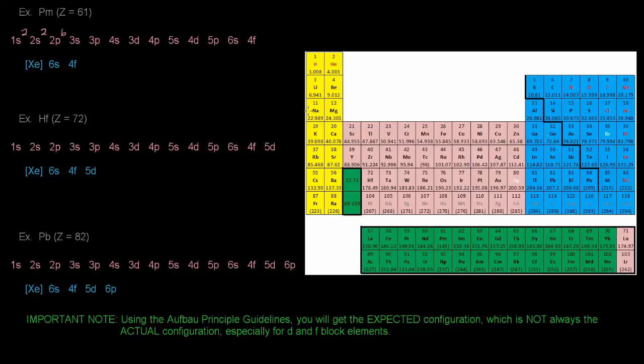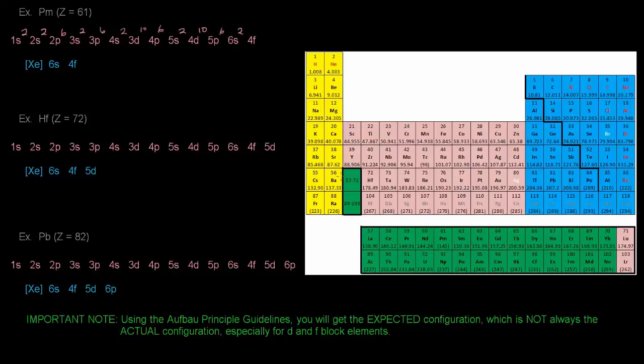Then 3s2 starting with sodium and magnesium, then 3p6, 4s2, 3d10, 4p6, 5s2, 4d10, 5p6. Then we have 6s2 at cesium and barium.